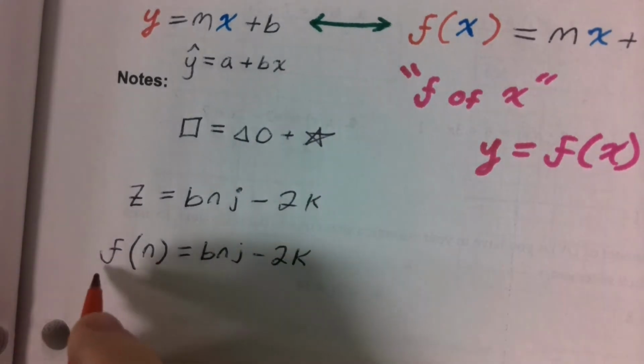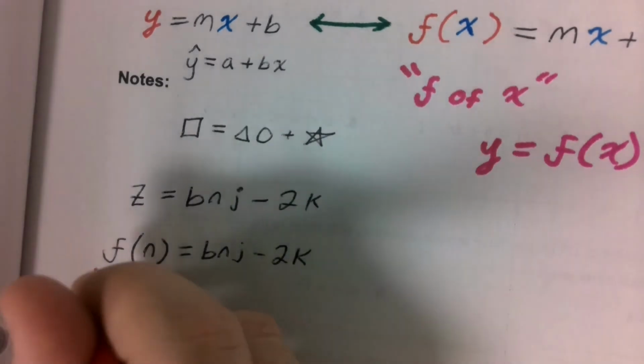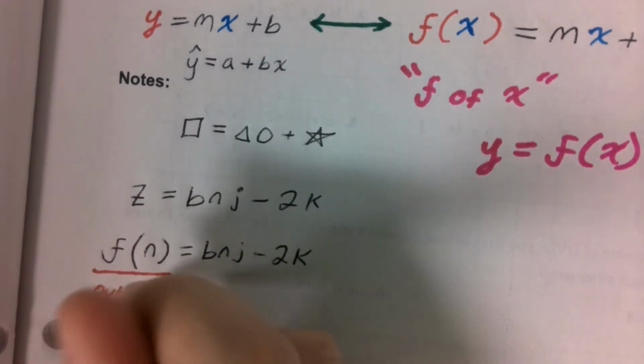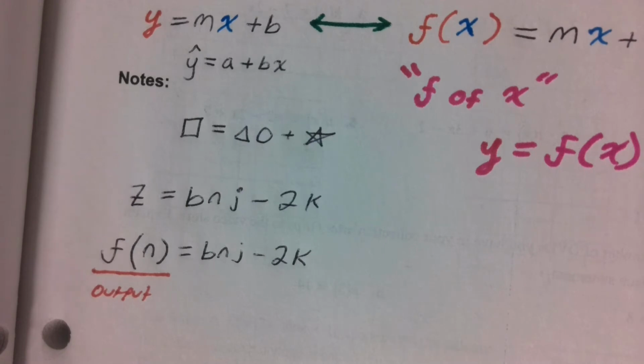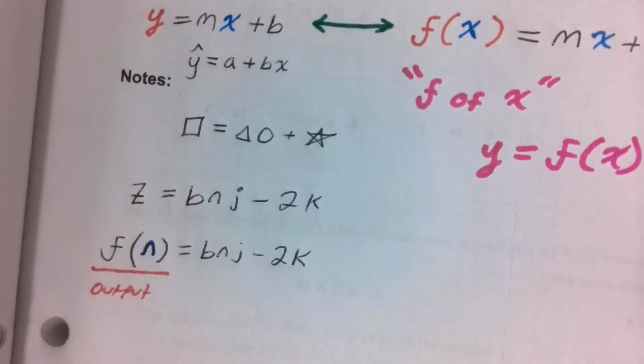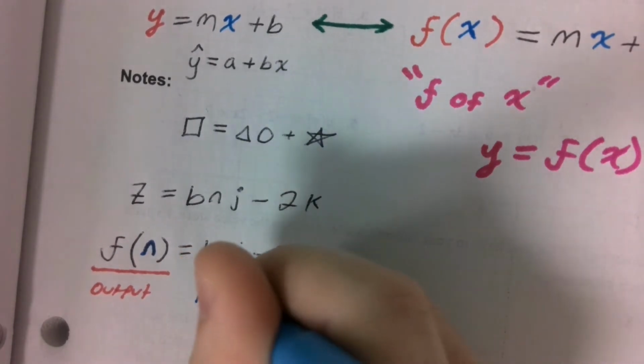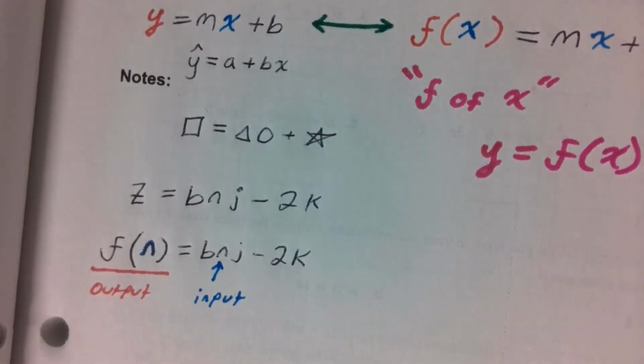One of your variables is your function notation, so that's going to be our output. And how do we decide what the input is? The input is whatever's inside of parentheses. So in this case, n is our input. By writing it this way, we can communicate a lot more to any observers who aren't familiar with the equations we're using.